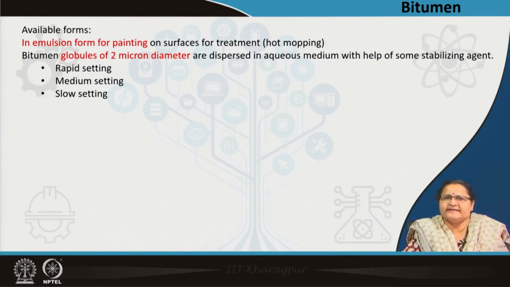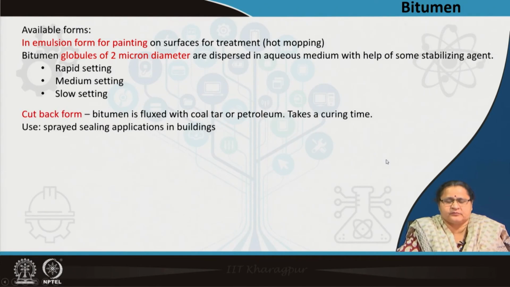So, we have rapid setting, medium setting, slow setting. Usually it is petroleum or spirit or naphtha. These are the aqueous medium onto which these globules are dispersed, and this gives you the paint like or hot mopping or brushing like form of bitumen.